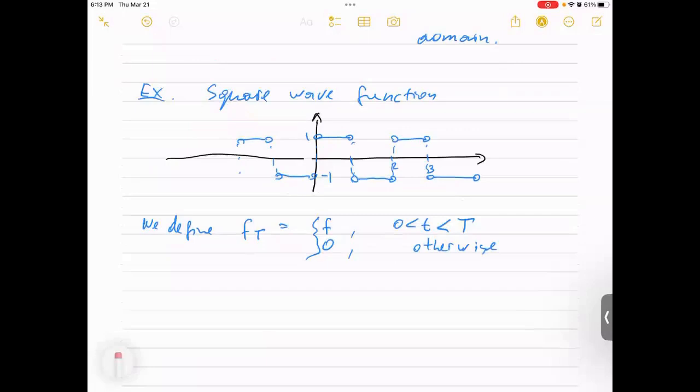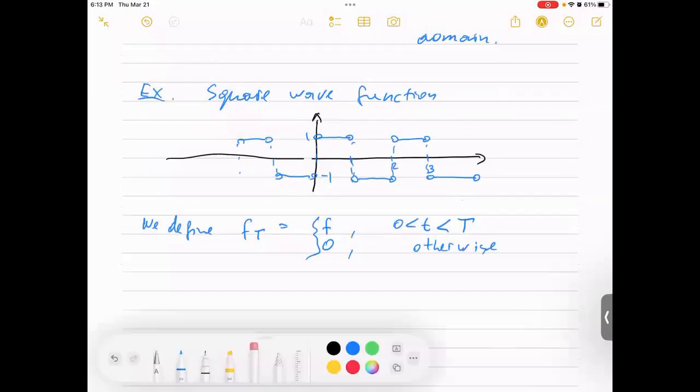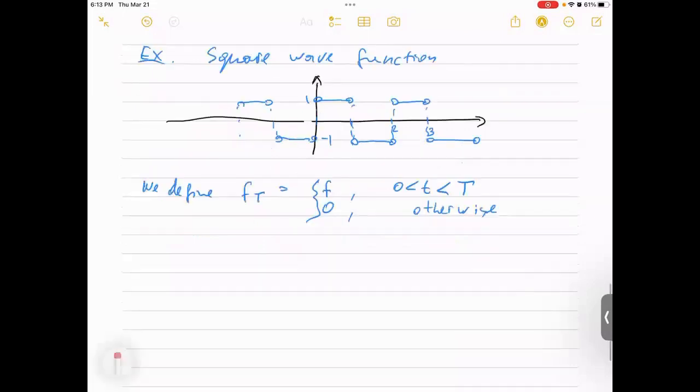So we can try and calculate the Laplace transform of one period of the function.